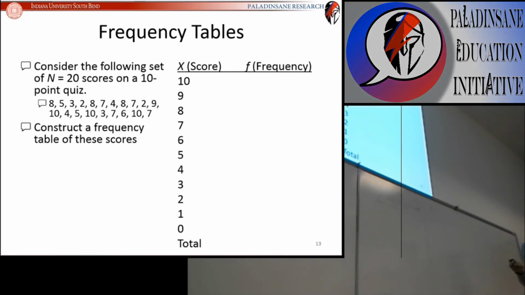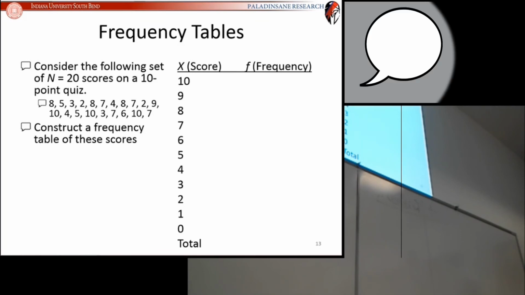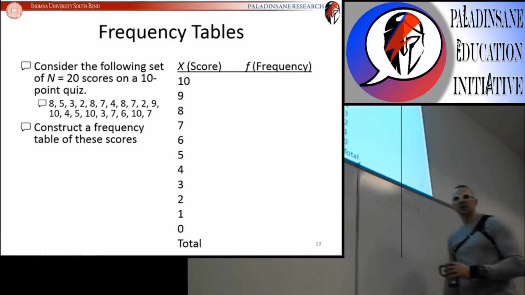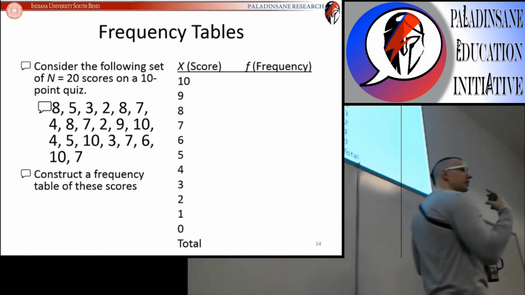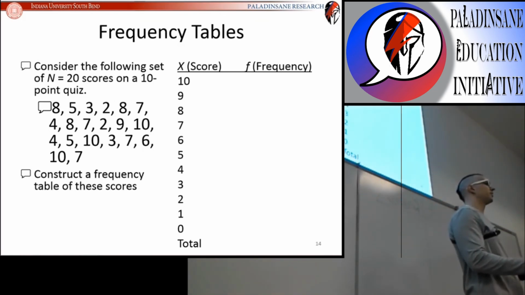Then we construct a frequency table by ordering these scores and getting the number for each of these possible scores. We'll zoom in on that just to get the ball rolling. We would go through all 20 scores and count how many times the score of 0 out of 10 occurs. If you go through and count how many times people got 0 out of 10, you'll find out that it has a frequency of 0.